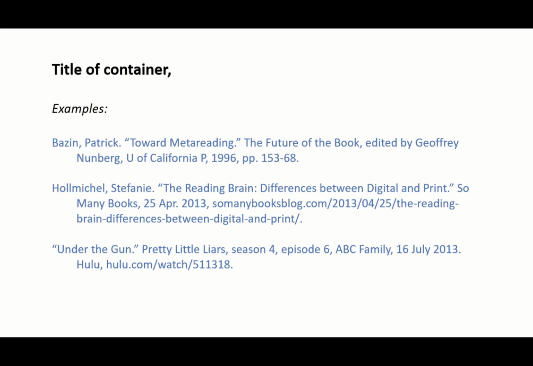The title of the container is usually italicized and followed by a comma, since the information that follows next describes the container. Let's take a look at some examples, because I know this term is new for you. It's new for me.